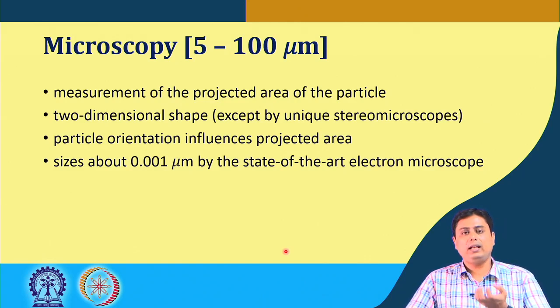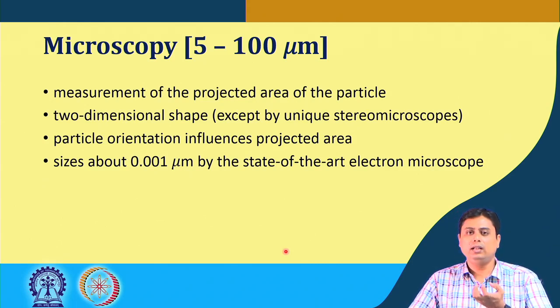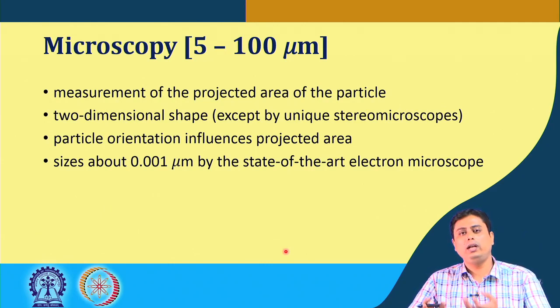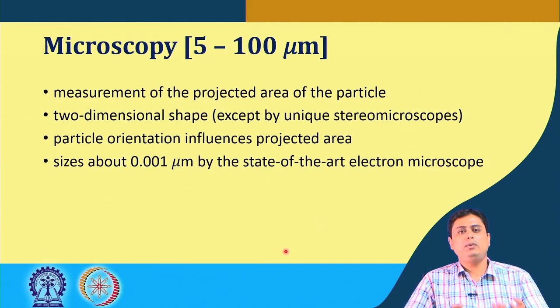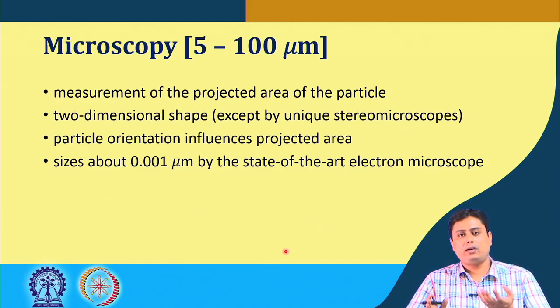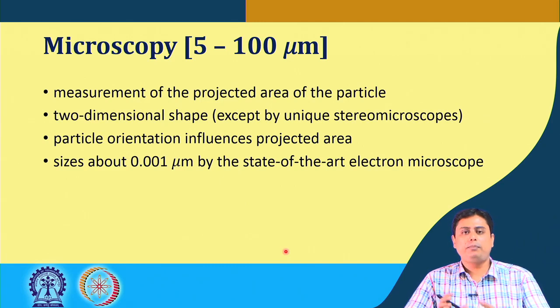If the particle is not spherical, or is an irregular shaped particle, then what you see is the projected area that you have to correlate with the kind of diameter I mentioned in my previous lecture, like Martin's diameter or Feret's diameter, to have a representative diameter of a single particle.